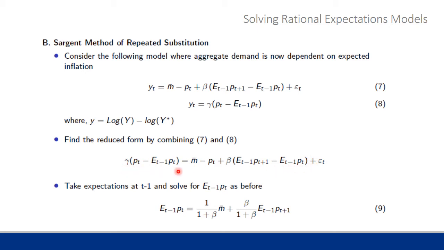Do that and rearrange and simplify and we have a solution for the expected price level as we did before. This time it is equal to 1 over 1 plus beta M bar plus beta over 1 plus beta times the expectation of PT plus 1. It's very similar to the previous method, but EPT would be equal to some amount of M bar, but this time we still have the forward variable in the solution for the expected price.